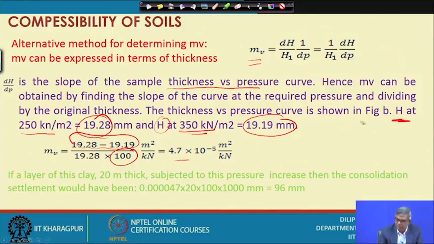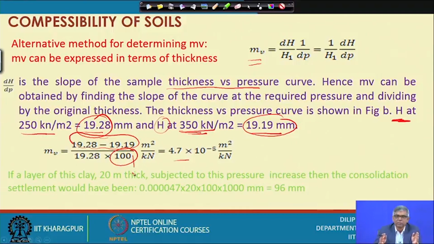Before that, from the plot, corresponding to pressure 350 the thickness is this, and corresponding to pressure 250 the thickness is this. So, we have to find mv in the pressure range of 250 to 350. What is the change of pressure? It is 100, so del P is 100.